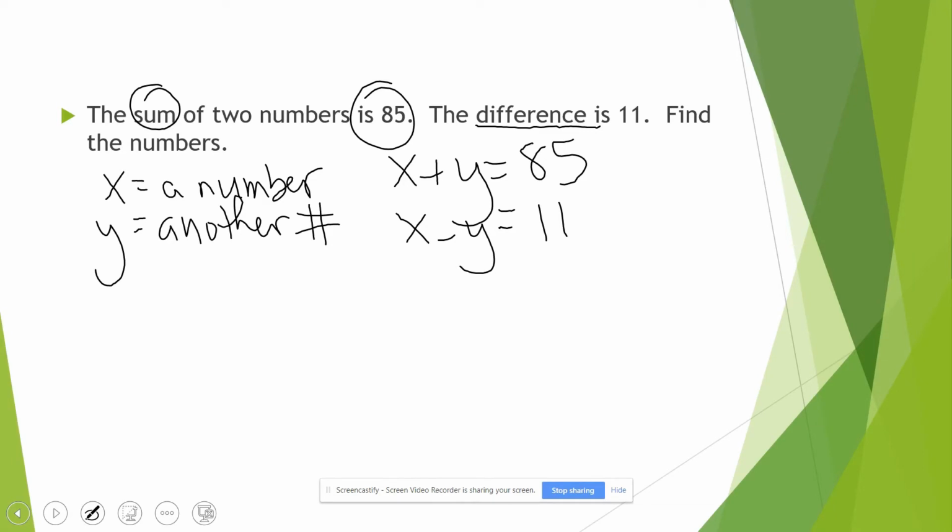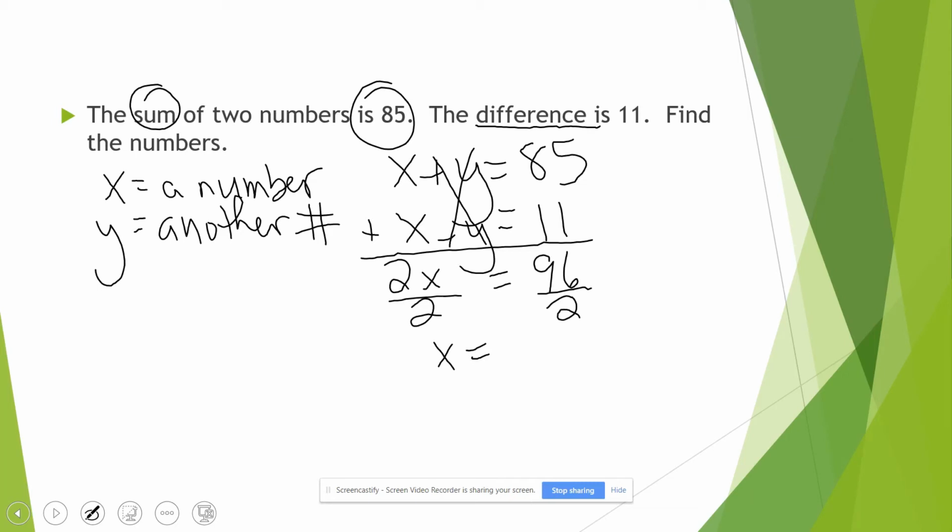Find the numbers. Well, this problem is already set up for elimination. 1x plus 1x is 2x. 1 plus negative 1 is 0. And 85 and 11 is 96. Divide by 2, and we find that one of our numbers is 48.